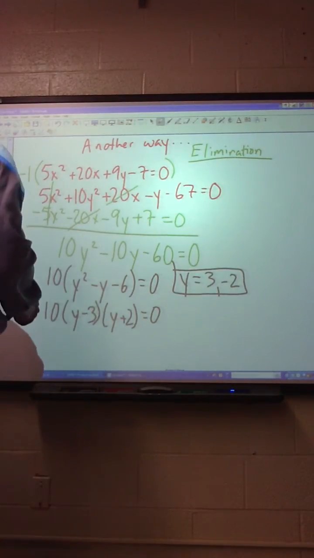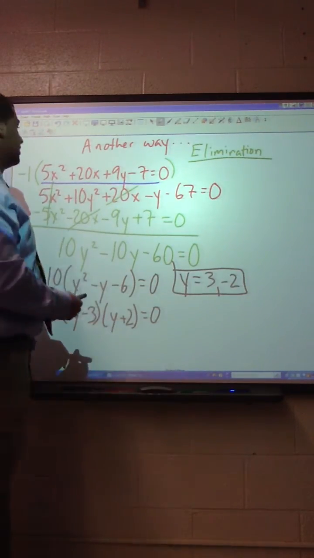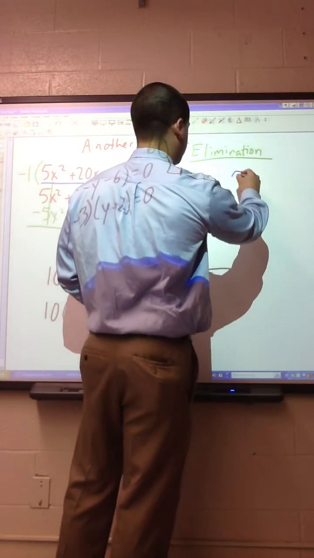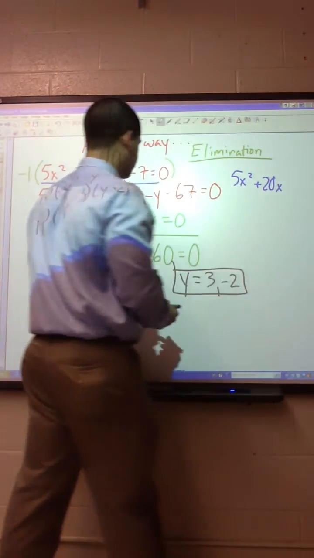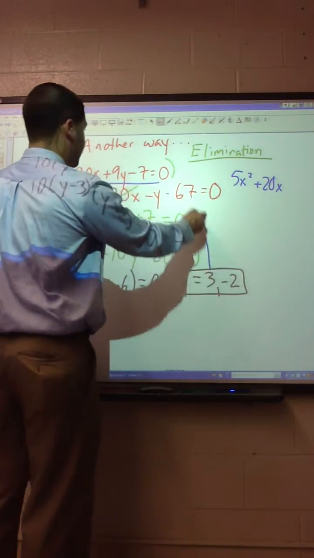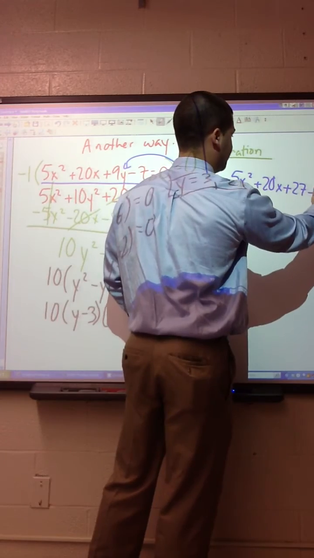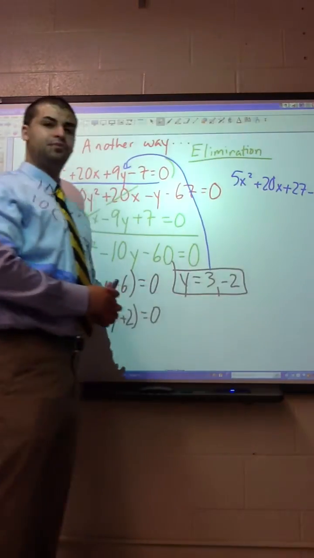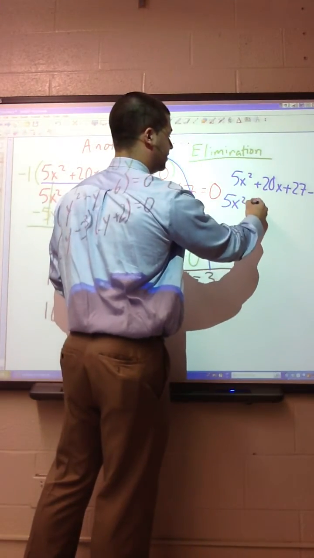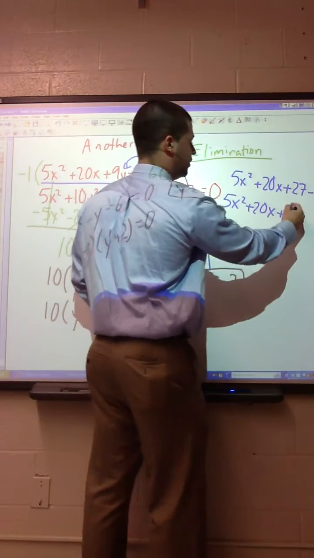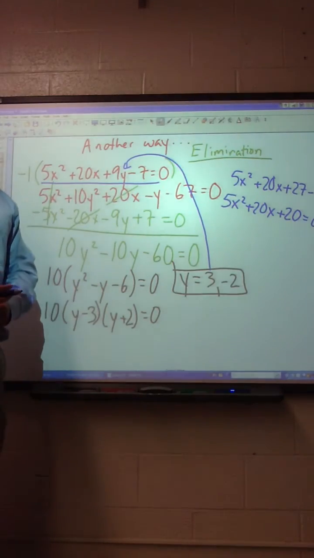If we plug back into our first equation, because there's just fewer terms here, it's probably easier to work with, we could say 5x squared plus 20x, and then if we plug in 3 for y for the first one, we'll say plus 27 minus 7 equals 0. 5x squared plus 20x plus 20 equals 0 after we simplify our like terms.